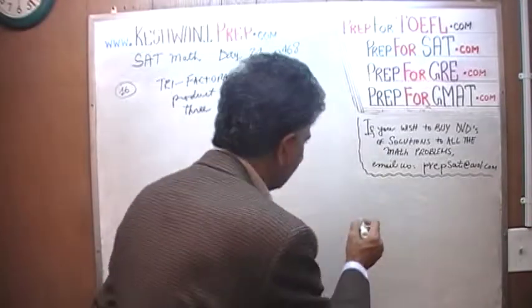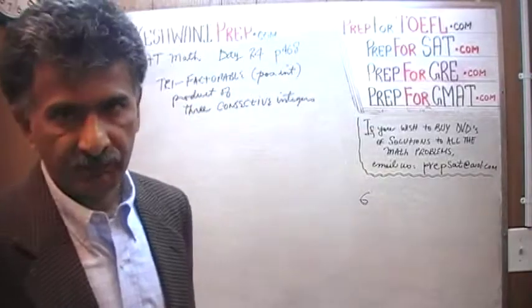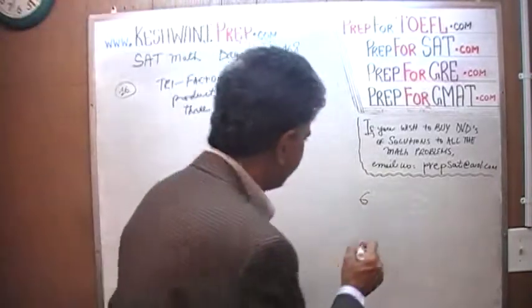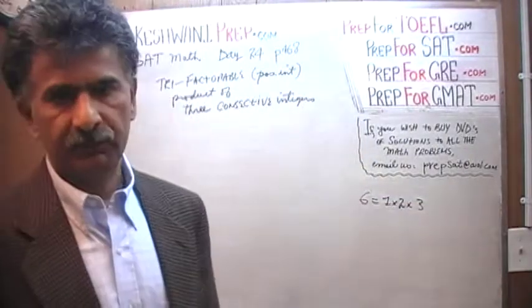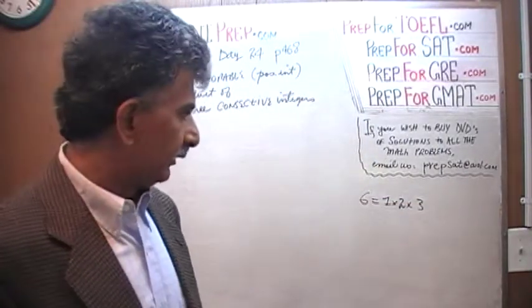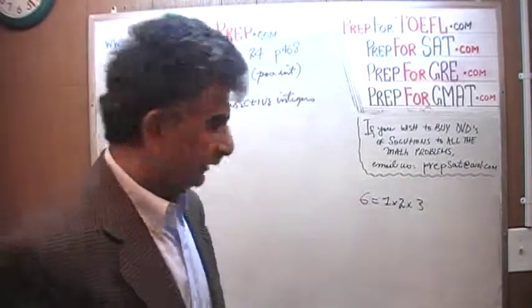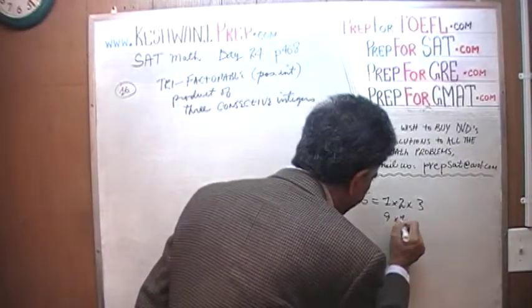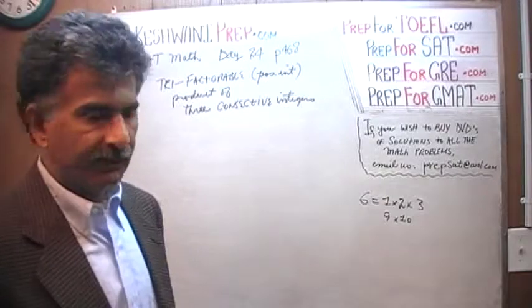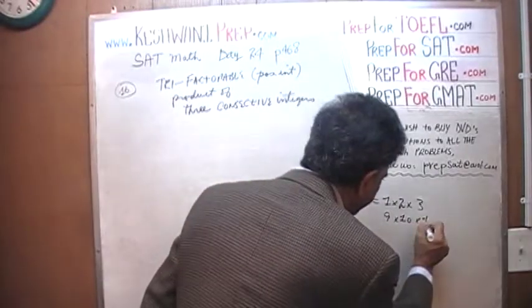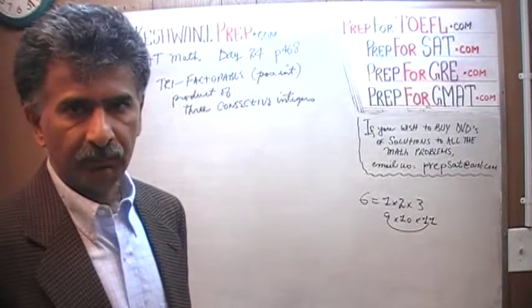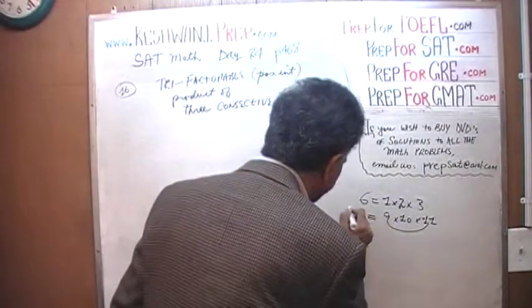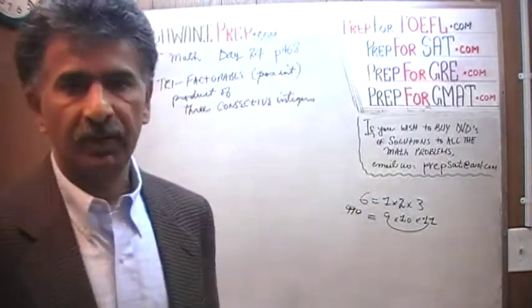For example, 6 is said to be trifactorable because 6 can be written as 1 times 2 times 3. 6 is trifactorable. So is 990. 9 times 11 is 99, and 99 times 10 would be 990. 990 is trifactorable.